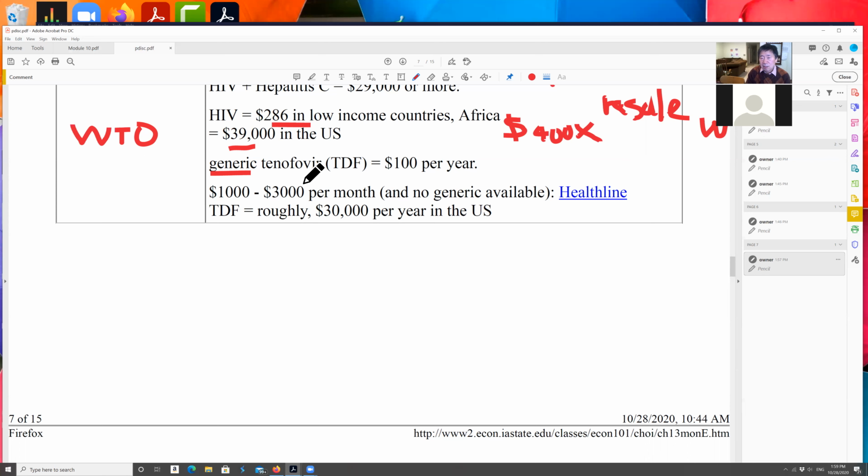So many generic drugs are now being produced by India, and they're selling all these drugs, I mean, the drugs that are expensive in the United States, at very reasonable prices. So poor people of Africa and India are also served.